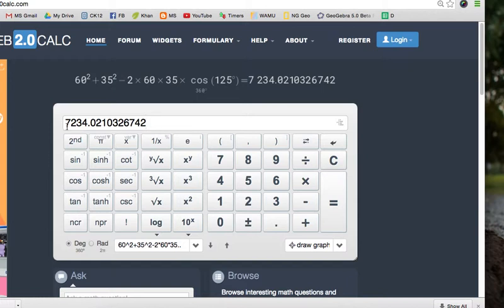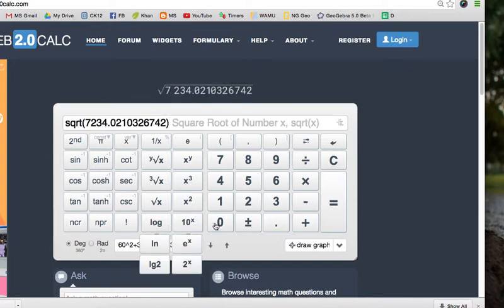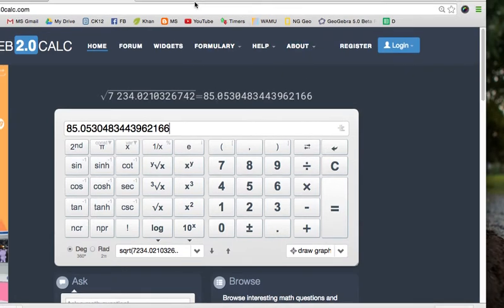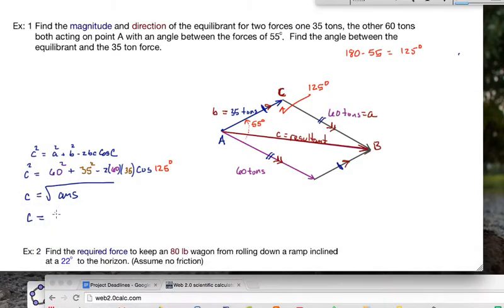And now, so 7234, we're going to take the square root of this answer, and we get 85.05. I guess we could just say 85 tons. All right, so the resultant is 85 tons.